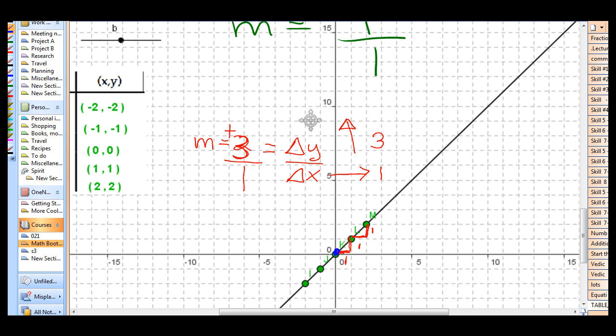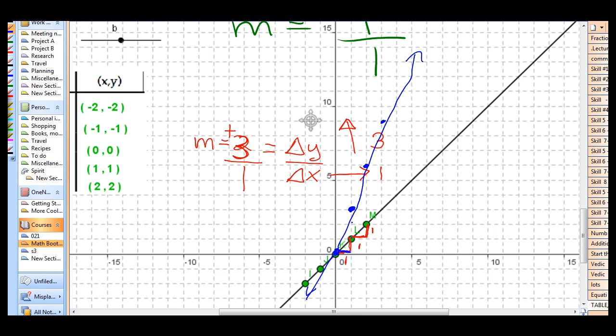So let's go 1 to the right, and then 1, 2, 3. So my next point is going to be here. Then I go 1 to the right, 1, 2, 3. 1 to the right, 1, 2, 3. I need a ruler. There we go.